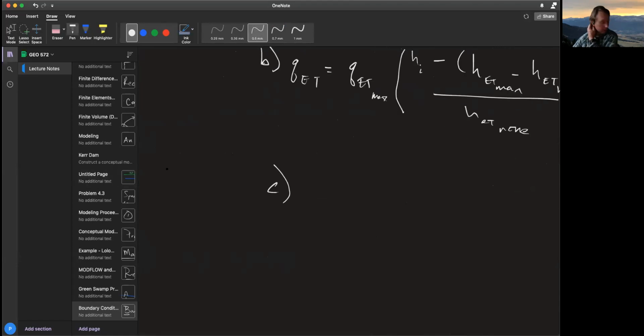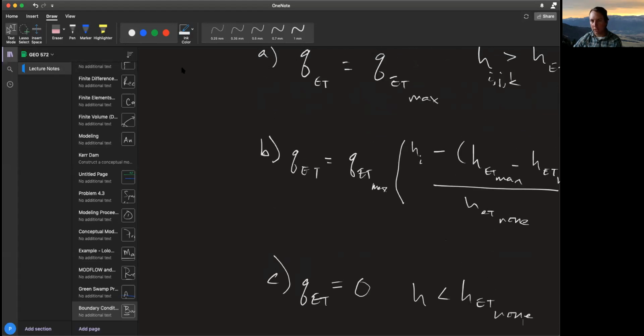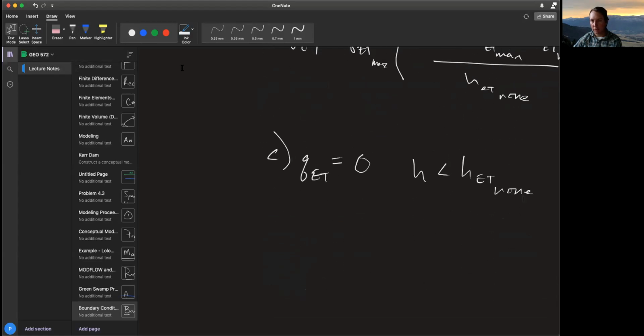Finally, the ET flux goes to 0 when H is less than HET none. So we've got this function that is a max when the head is high enough, it's 0 when the head is low enough, and it varies linearly between those two.